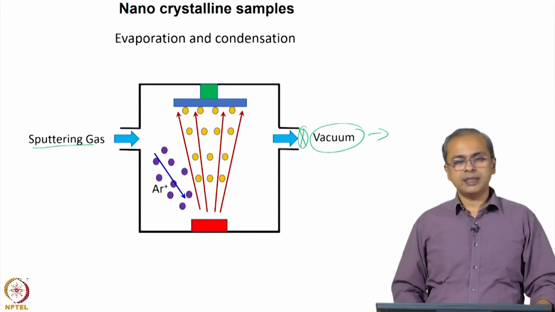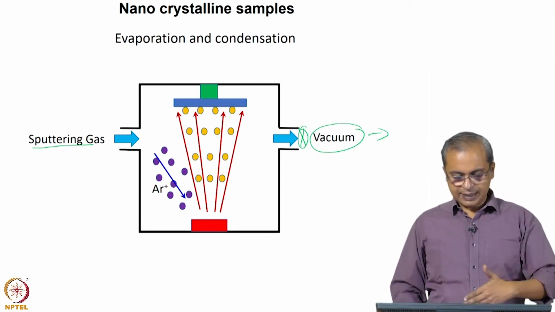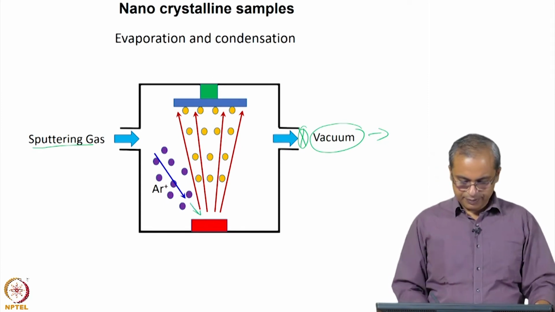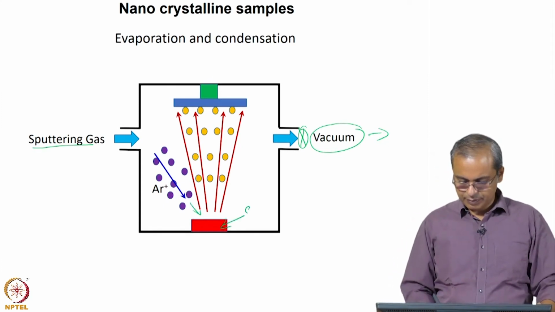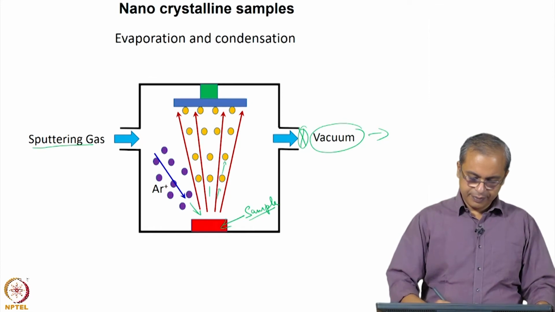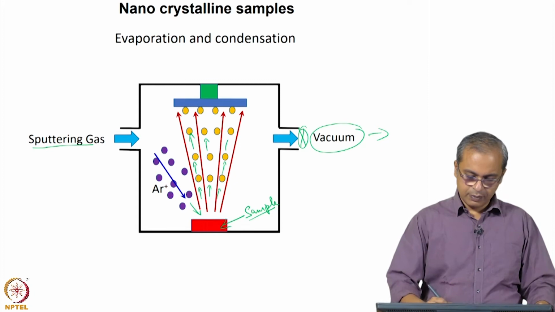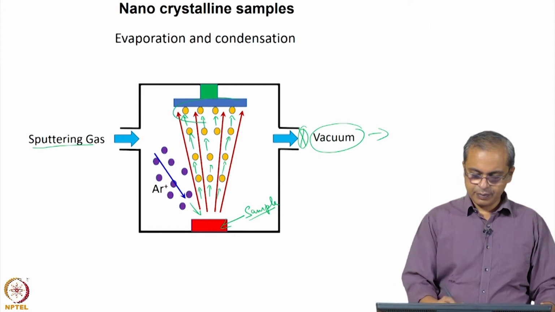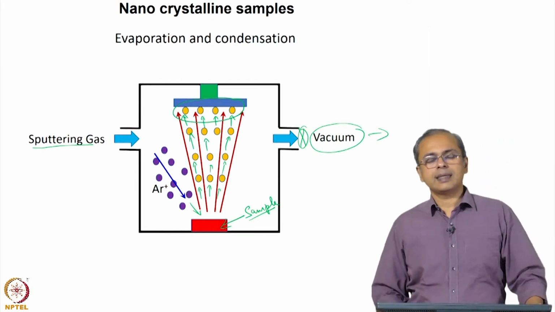So, argon comes in, and then you set the right kind of conditions, it gets ionized, it comes and strikes the sample. And then when it strikes, again atoms are ejected, and they go and condense on the sample. So, this is the general process.